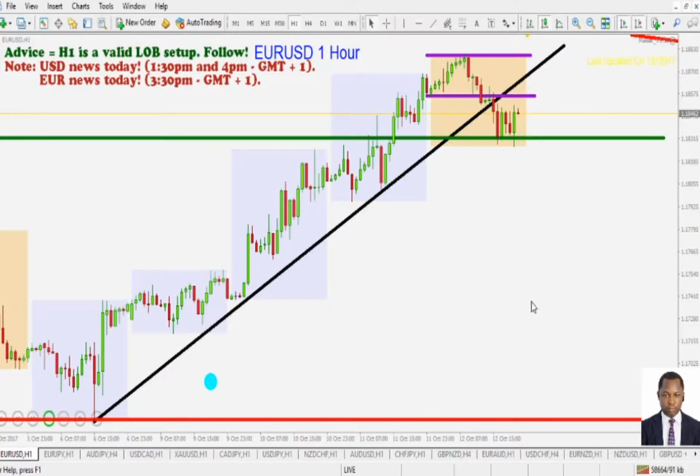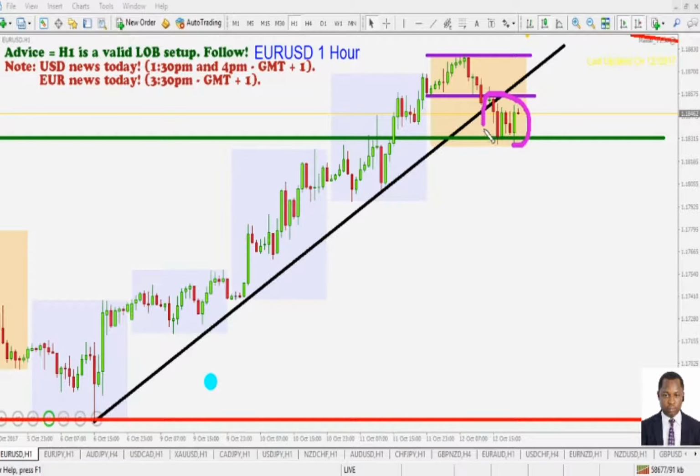All right, looking into the euro against the American dollar, this is the 1 hour time frame. In the 1 hour time frame, we got a breakout of that trend line. You can see that 1 hour trend line being broken to the downside. Upon that breakout, what are we getting?